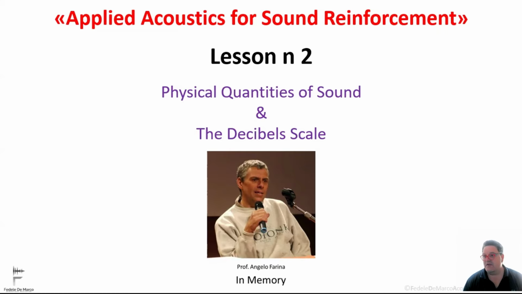So the first two quantities are field quantities, as I have said: sound pressure and particle velocity. Sound pressure, attention here, is not the total air pressure in the medium, the air pressure we breathe in general, but the deviation of the instantaneous air pressure values from the constant steady air pressure that is, if you remember the first lesson, 1 bar, 100,000 Pascal.